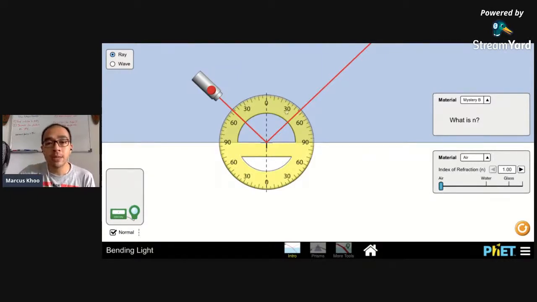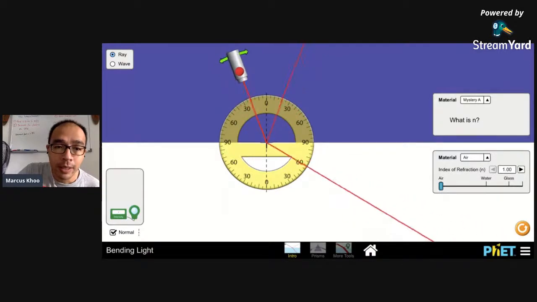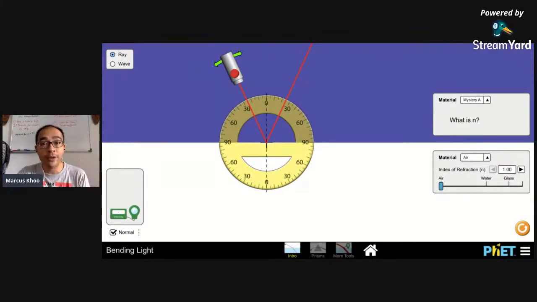And as you have seen from this simulation, different materials have different critical angles. Mystery B has about 47. Mystery A, I need to write this down somewhere. Mystery A is 25, mystery B is 47.